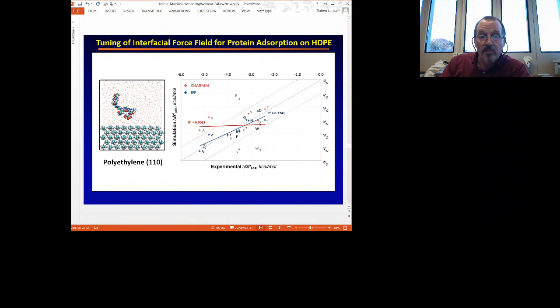And by tuning these parameters, we've brought them all close to within a half kcal per mole energy compared to the experiment, and greatly enhanced the correlation between these two. So this is the interfacial parameter set for peptide amino acids interacting with a polyethylene hydrophobic surface.